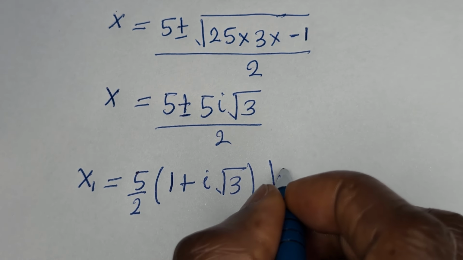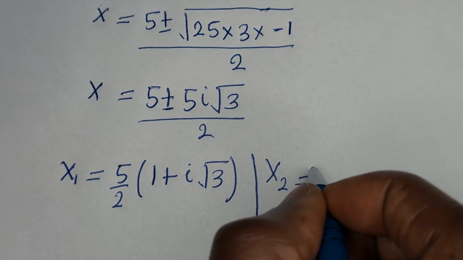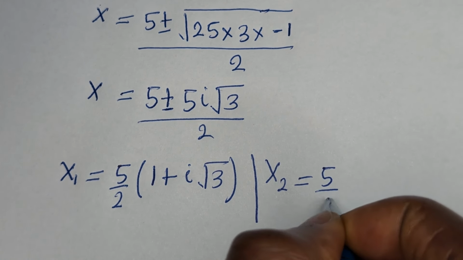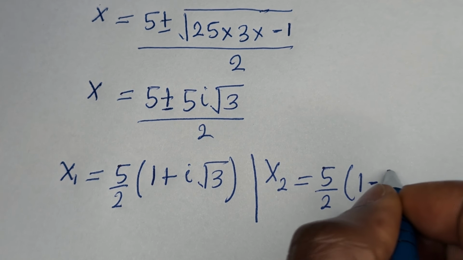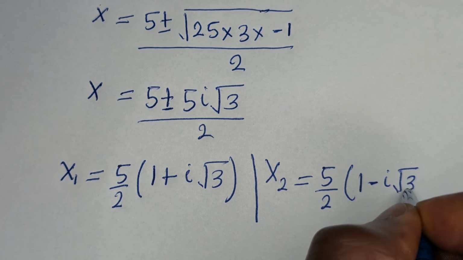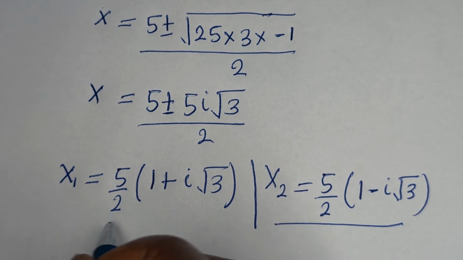Then x2 is equal to 5 over 2 bracket 1 minus i square root of 3. These are the values of x.